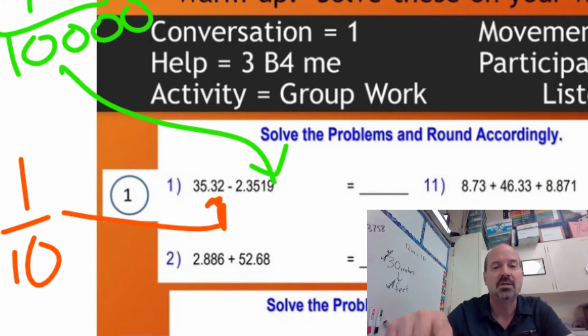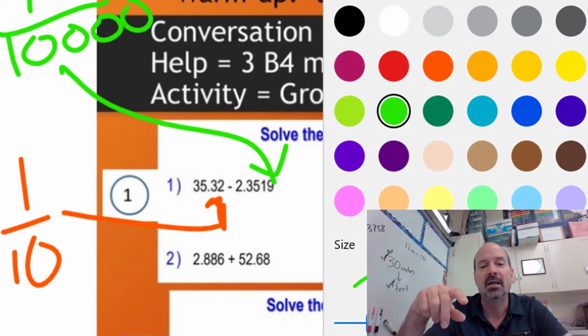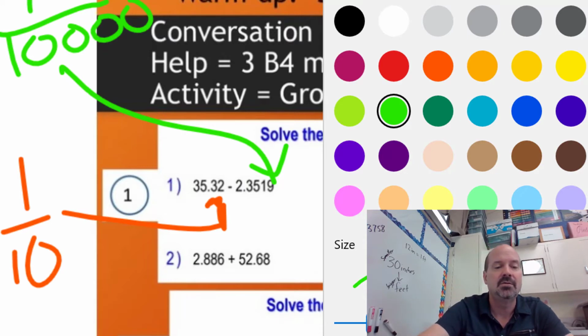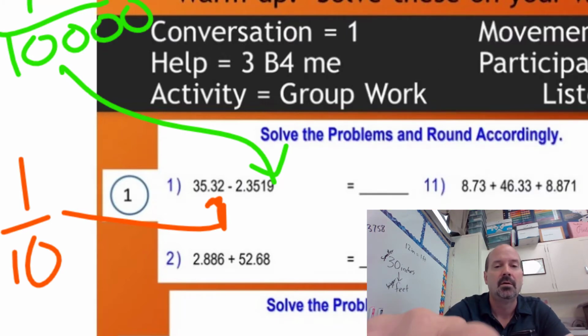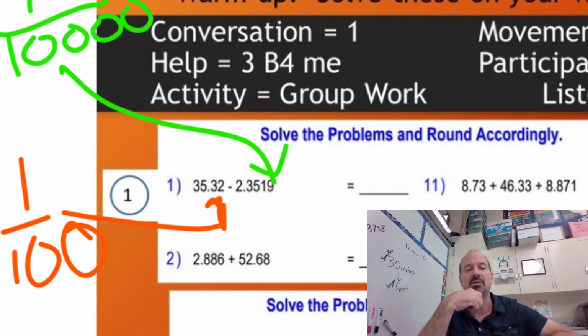And I messed up. Did you notice my mess up? Just curious if you'd catch it. There should have been hundredths, because the 2 is in the hundredths place.